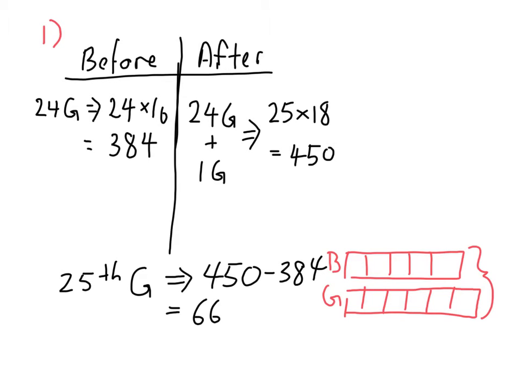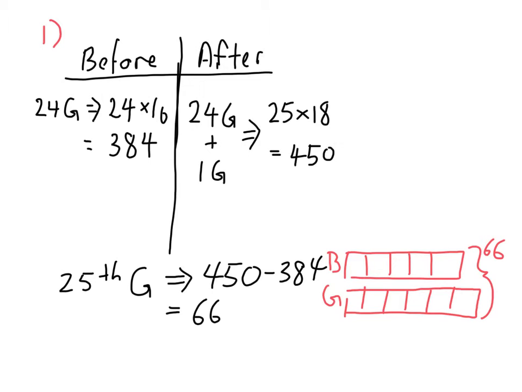So this is 66. So can we find out how many boys and girls are there in this 25th group? Total 11 units, right?